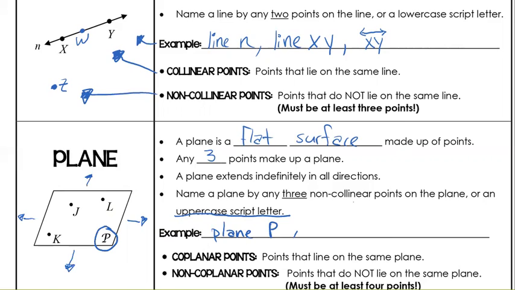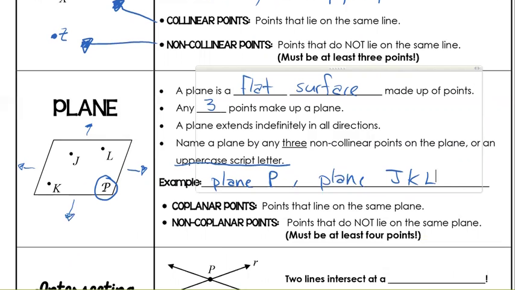So you name it plane, and I'm just going to write it this way, J, K, L. That is your plane.